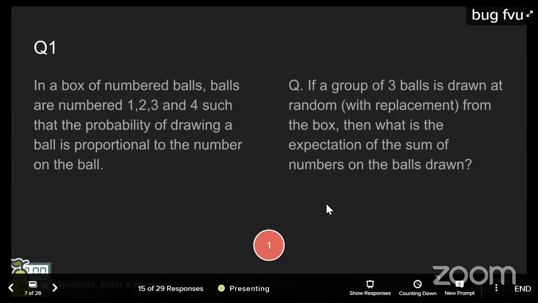Are you able to do it, or do you still need more time to solve it? Doing, sir. Okay, I will extend the timer.